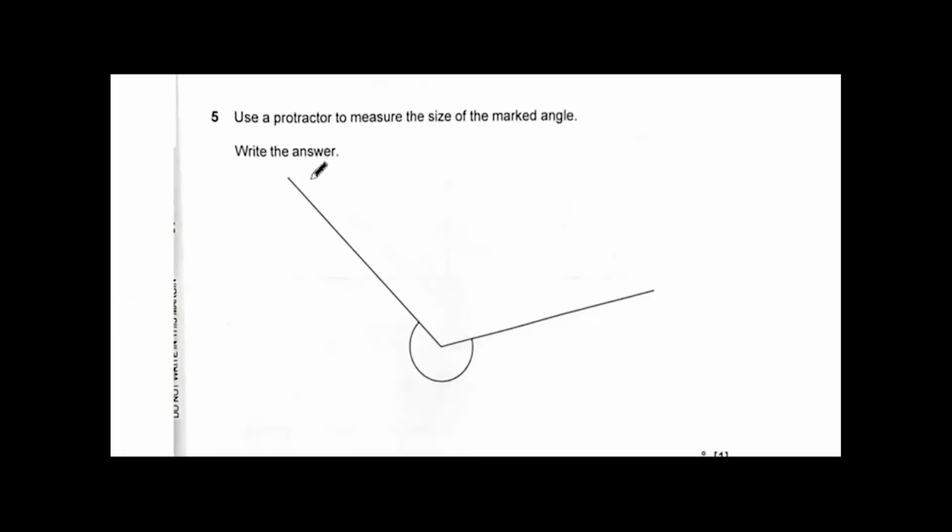Use a protractor to measure the size of the marked angle. Write the answer. The marked angle is a reflex one, and it is very difficult to use a protractor to measure this, so you have to be very smart. What you need to do is use your protractor to measure this red angle.